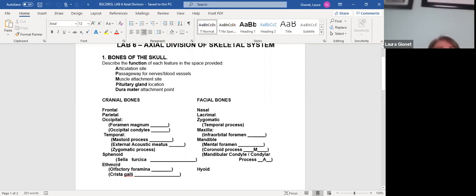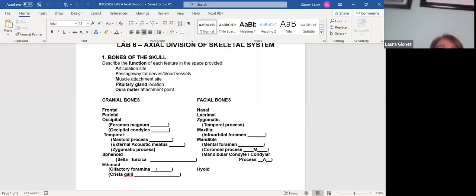The ethmoid bone, as I described, is anterior to that. It has 2 features to be identified. The olfactory foramina are little holes, so foramen means hole, little holes to the right and left of the center point that allow the passage of the olfactory nerve, which is cranial nerve 1, to pass through these little holes.